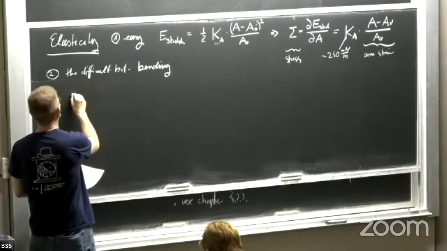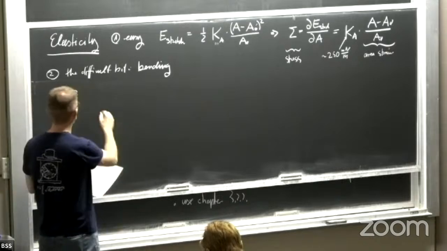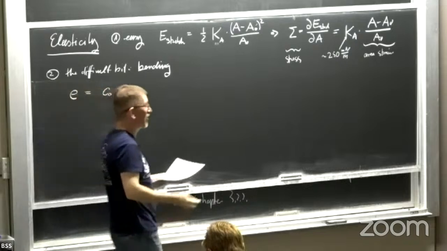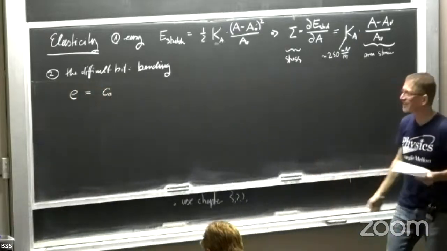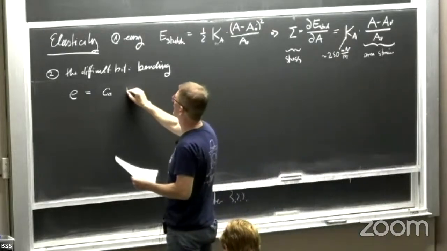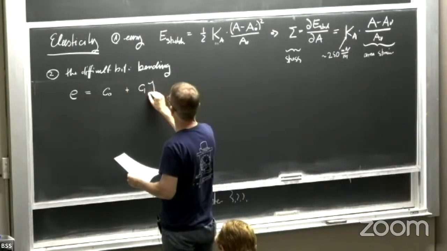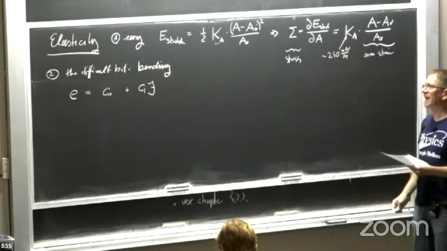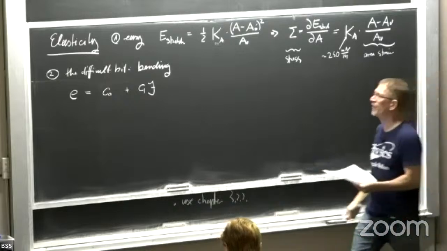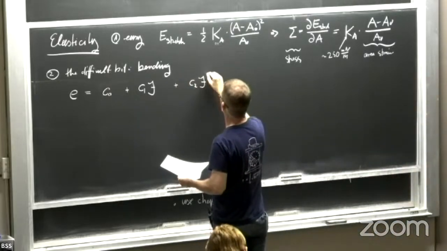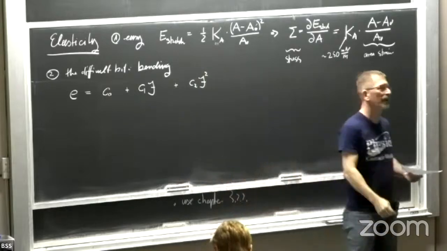So a bending energy density would then look like, okay, the lowest order term is just a constant, which has nothing to do with the shape. Then the first order term I could write is C1 times the curvature J, and that's linear in curvature. I could also go quadratic in curvature by saying, okay, how about another term, C2 J squared? That's quadratic in curvature.